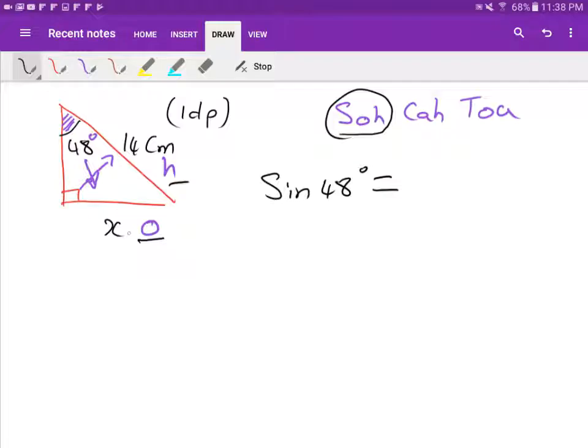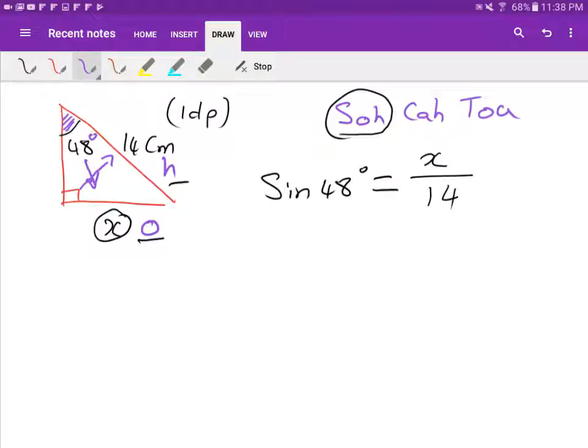O is x, over H. H in this case is 14 centimeters.